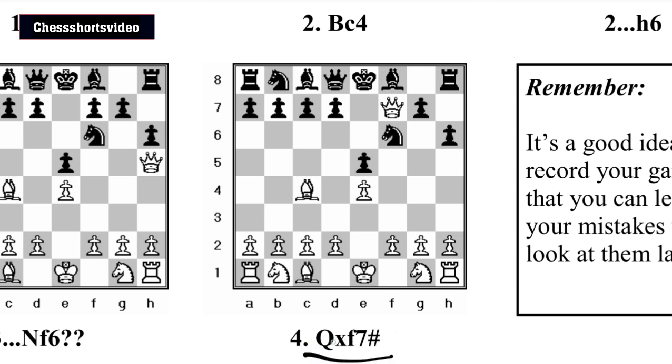Q means queen, xf7 means capture the piece which is on f7. So Qxf7 means capture, and hash means checkmate. In this way we understand the names of these symbols.